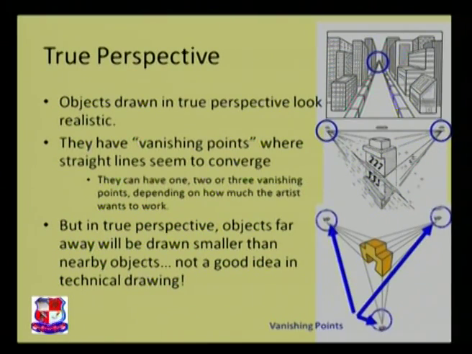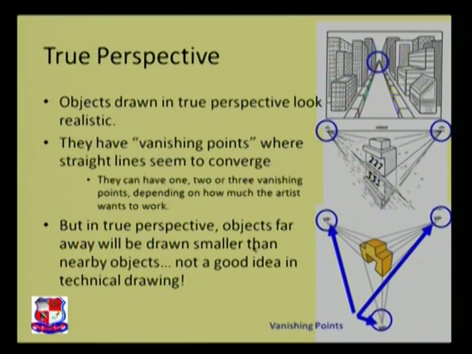In the next figure, the true perspective is taken with 3 vanishing points, including one on the bottom portion also. Due to this, it looks like a realistic view. If any drawing has 3 vanishing points, then it looks very realistic.